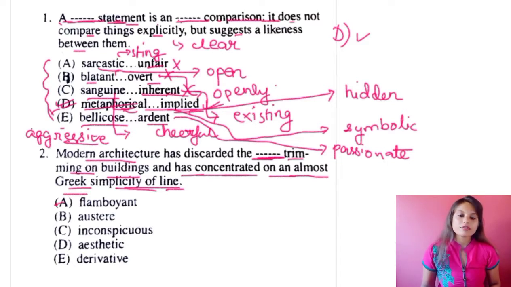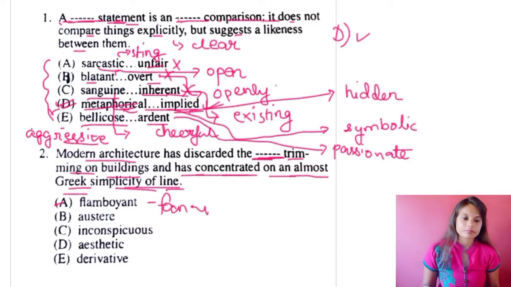Flamboyant. First of all, if I put flamboyant, flamboyant means kind of elaborate or fancy. I'm writing down fancy. Now, if I put flamboyant, modern architecture has discarded the flamboyant trimming on buildings.